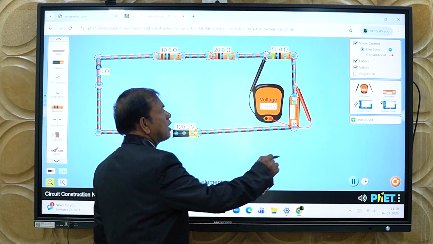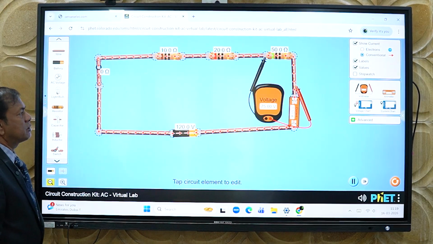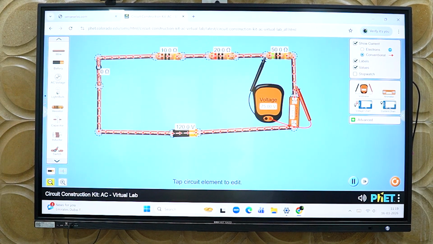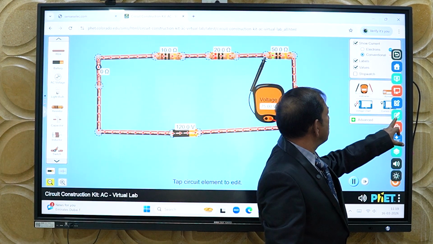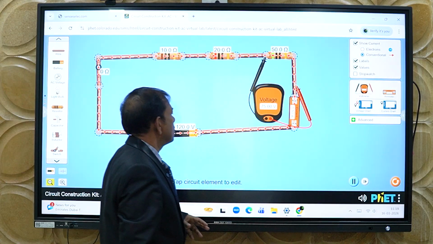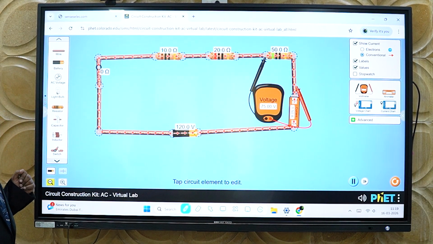But when you deal with conventional current, the conventional current is always opposite to this. Conventional current is from positive terminal to the negative terminal. So here we understand what is electronic current and what is conventional current, but formula will be the same.